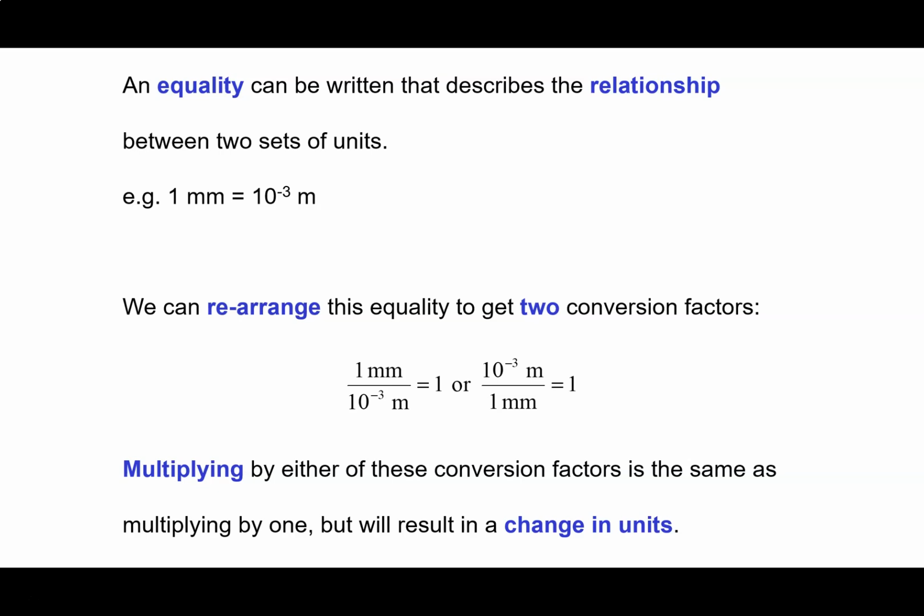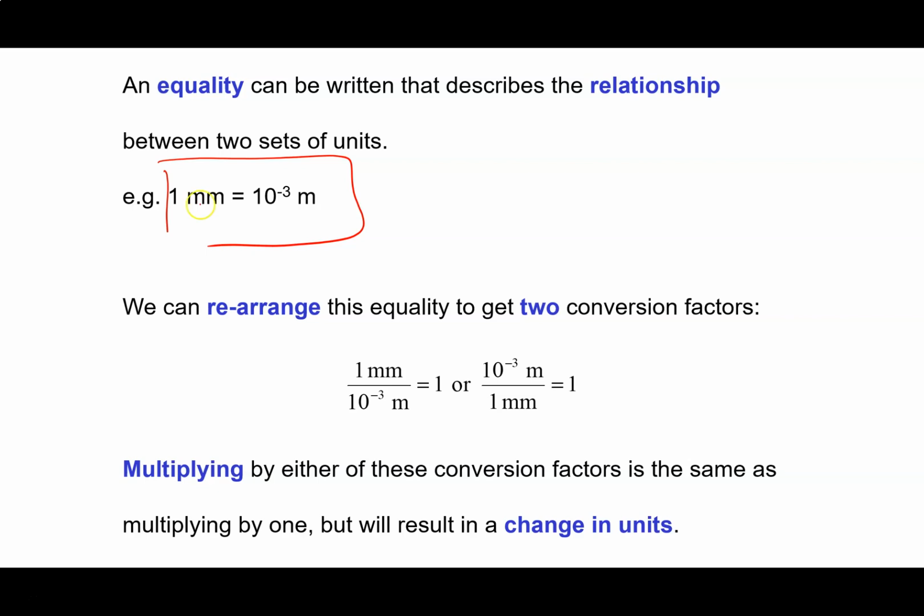For example, when we write that 1 millimeter equals 10 to the minus 3 meters, that's an example of an equality. You can probably recall that any equality relating 2 sets of units can be rearranged to give 2 conversion factors, and both of those conversion factors are going to be equal to 1.